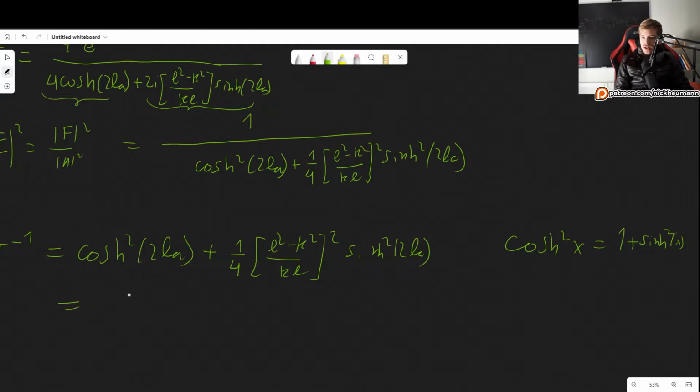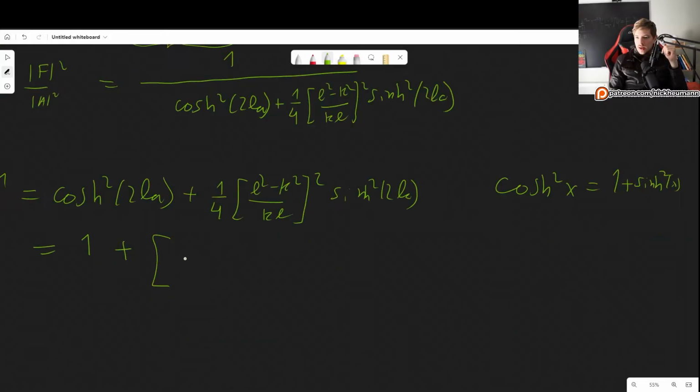So we can rewrite this as 1 plus, and now let's factor out everything that has a hyperbolic sine. We get 1, coming from this one, plus 1/4 of (L squared minus K squared) divided by KL, and all of this is squared.